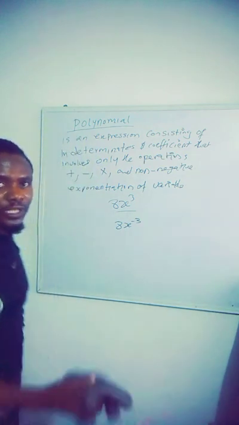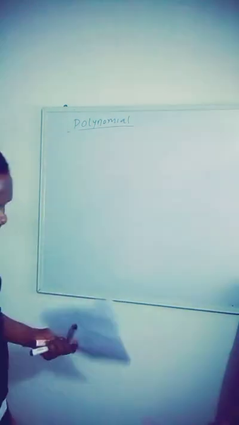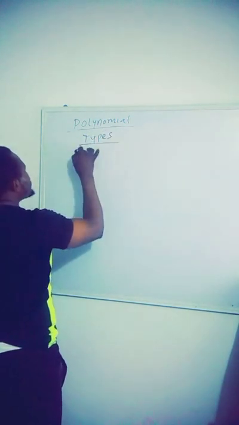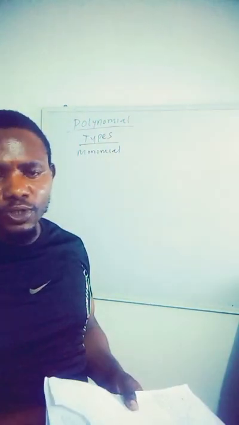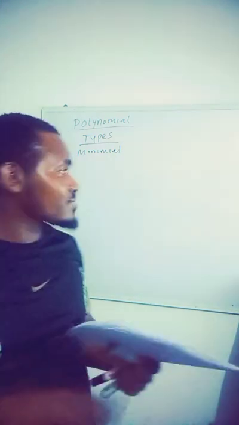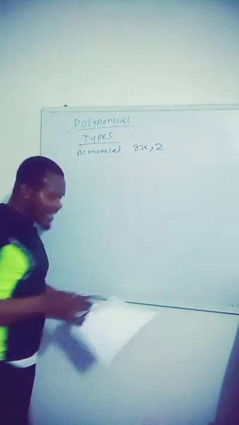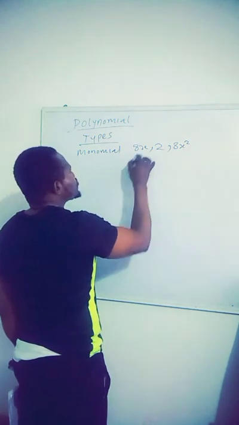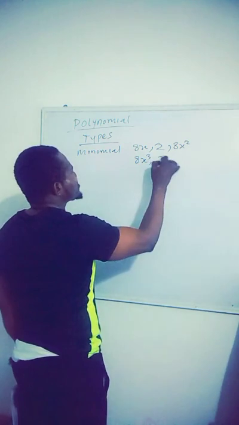Let's go down. Then you now have types of polynomial. You have monomial. When you say monomial, it means the expression of the polynomial is just one term. For example, 8x, or 2, whether you have a constant, or a quadratic one, or a cube one, or a quartic polynomial.